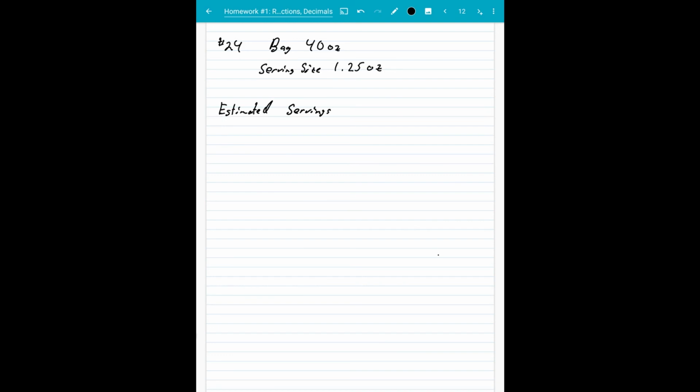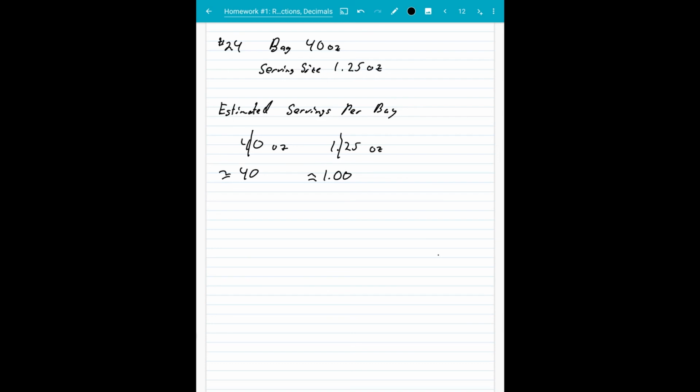Now, to find the estimated, remember that principle of estimation we had, we want to take the numbers 40 ounces and 1.25 ounces, and we want to estimate each one of those to its highest unit of measurement. 40 rounds to 40, it stays the same. 1.25 would round to 1.00.